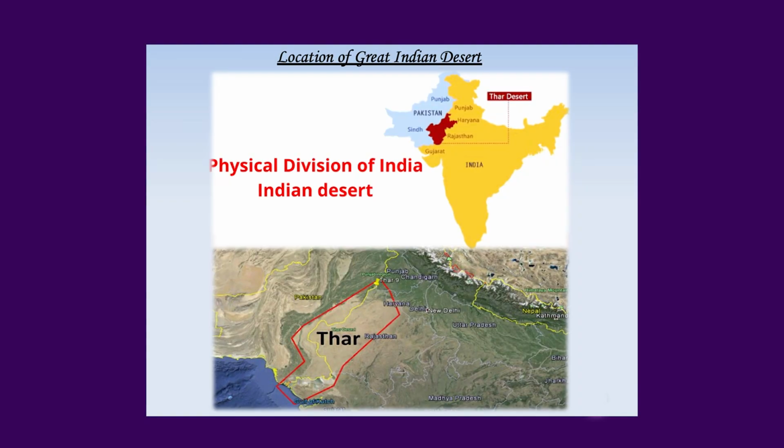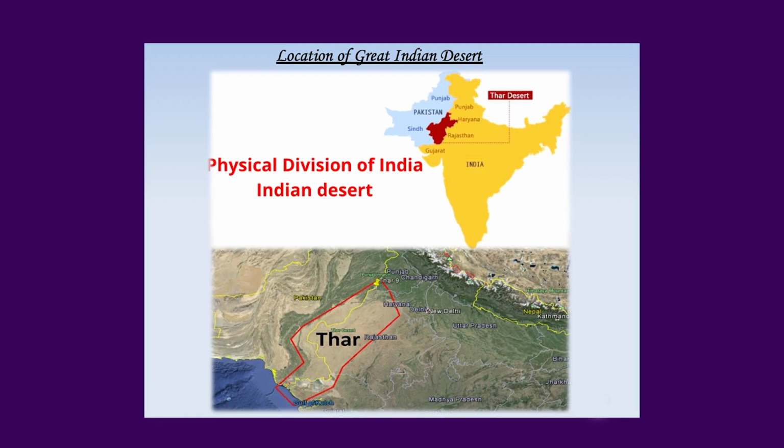India has about 85% of the Thar Desert, while the rest is in Pakistan. Of the total geographical area of India, the Thar Desert covers around 4.56%. The Thar Desert is a vast dry area covering over 2 lakh square kilometers, and it serves as a natural barrier between India and Pakistan.